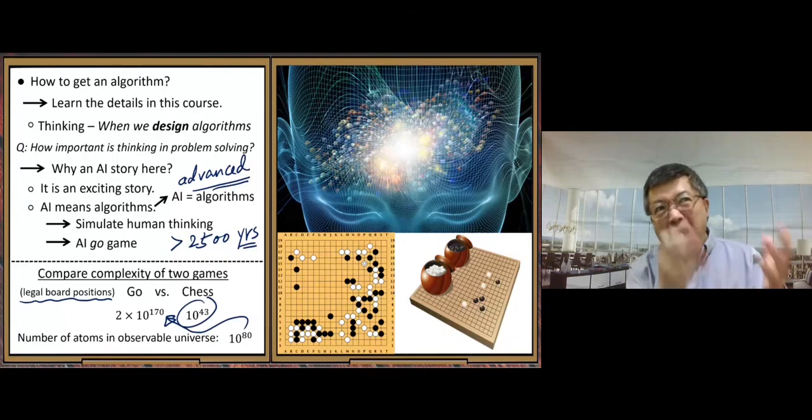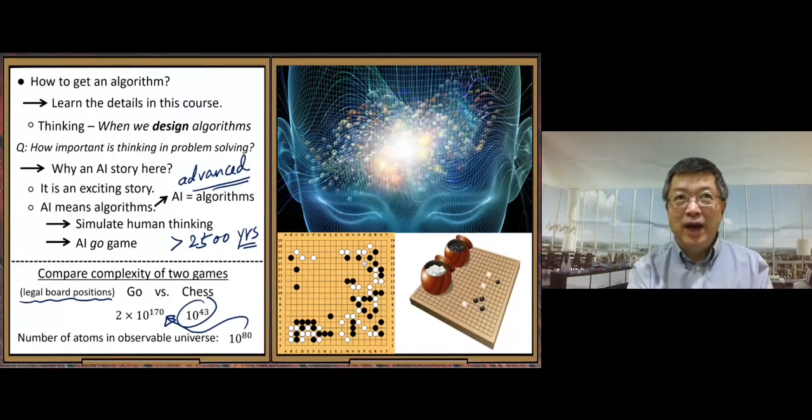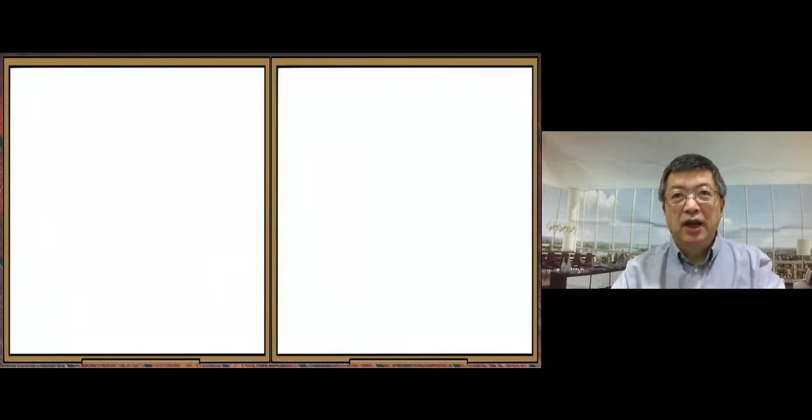To handle that many different positions, how powerful a computer program, an algorithm, should be. So you can imagine that, right? All right. Next, we want to see some result, right?